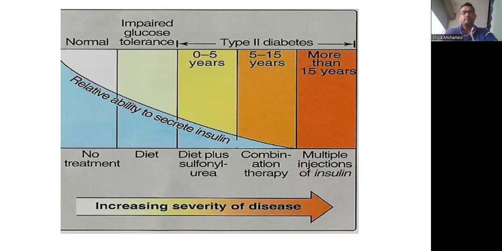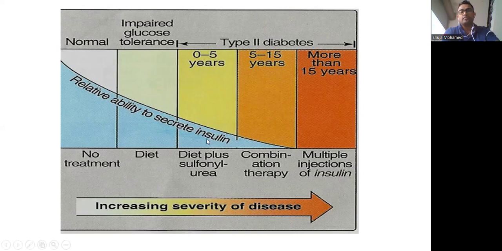So it's just a figure showing this. Here you have no diabetes. The ability to secrete insulin is gradually decreasing, so diabetes is starting. You can control that with diet initially when there is impaired glucose tolerance. Once you diagnose diabetes, you have to add diet and other drugs.